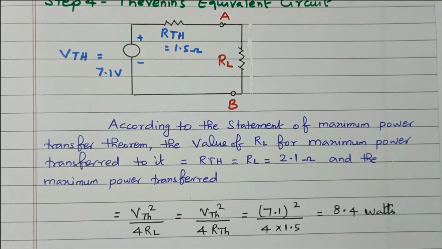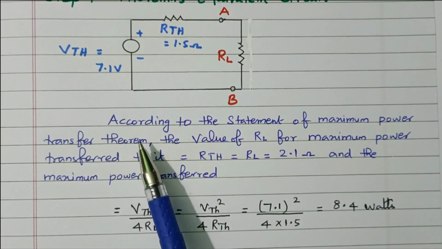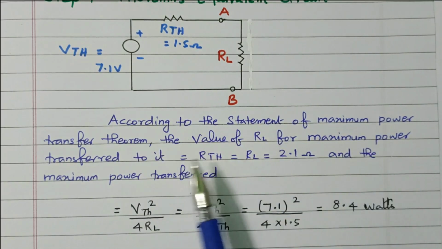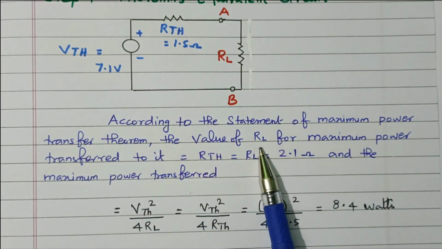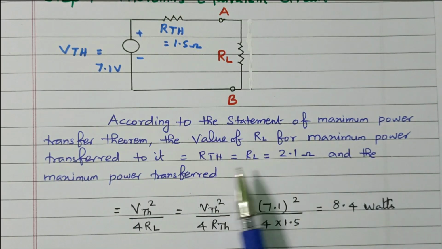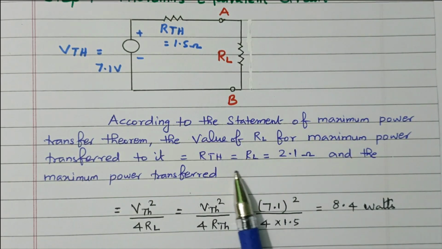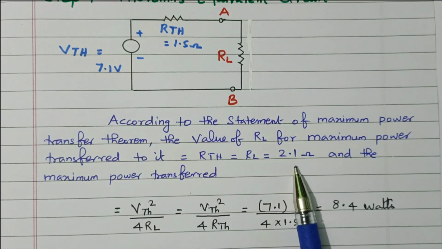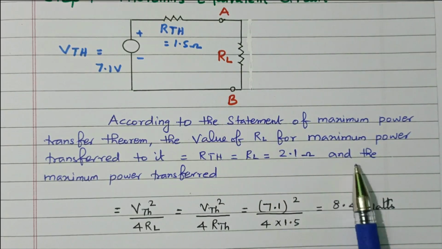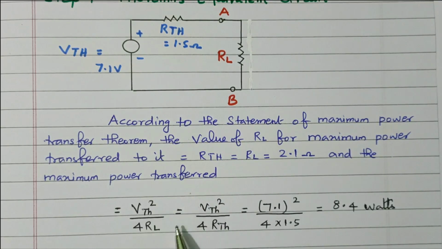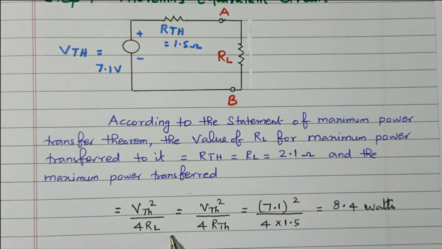Then how to find the maximum power transfer? According to the statement of maximum power transfer theorem, the value of RL for maximum power to transfer is RTH equal to RL. Both are equal. That is 1.5 ohm. And the maximum power transfer formula is available: VTH square divided by 4RL. This is the formula to find the maximum power transfer under the condition.